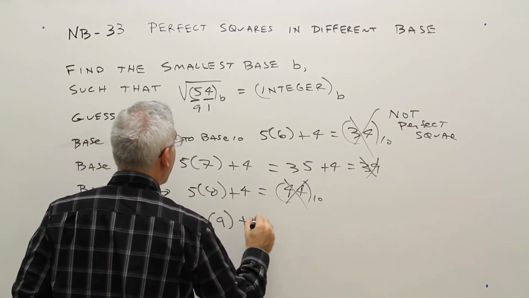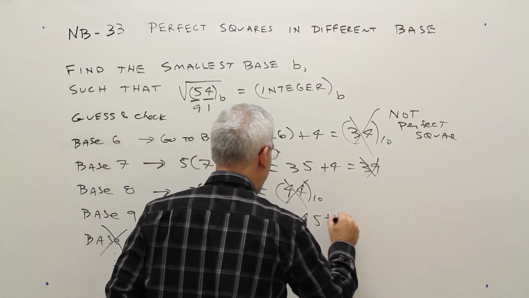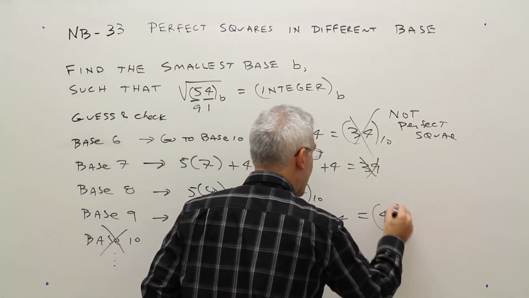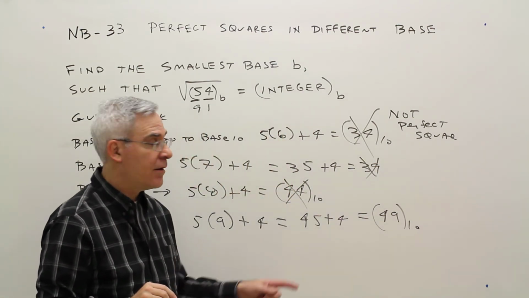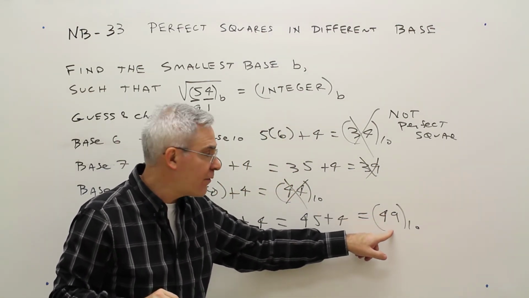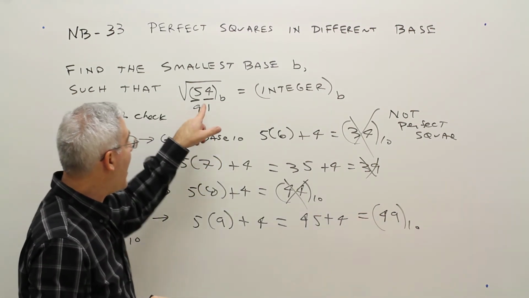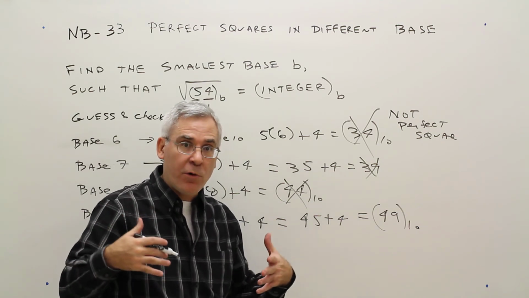5 times 9 plus 4. That's 45 plus 4. That's 49 base 10. 49 base 10 is a perfect square. So that means that in base 9, this would work out.